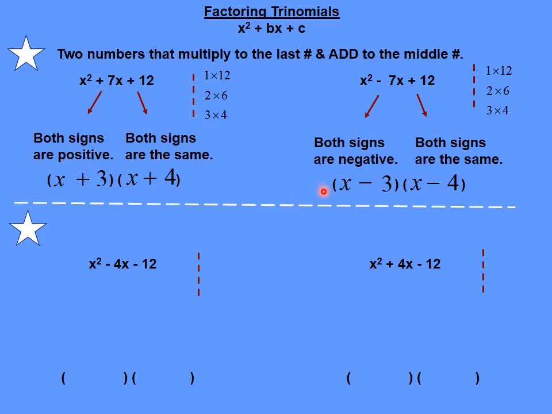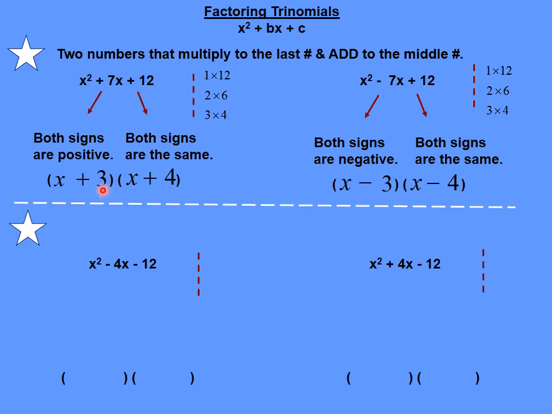And again, you can check this by doing FOIL. Notice that x times x would give us the x squared. The last two numbers, 3 times 4, and both are negative, would give us a positive 12. And the inside would give us negative 3x. The outside would give us negative 4x, which would add to negative 7x.